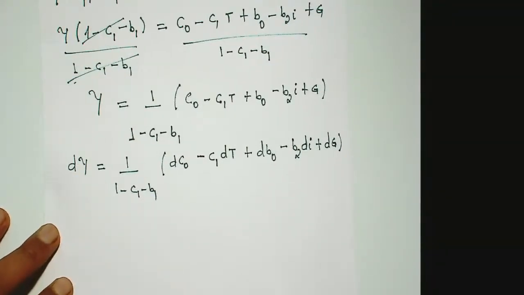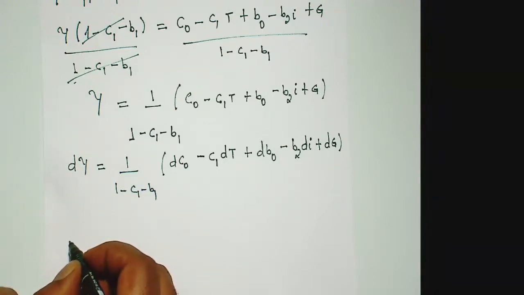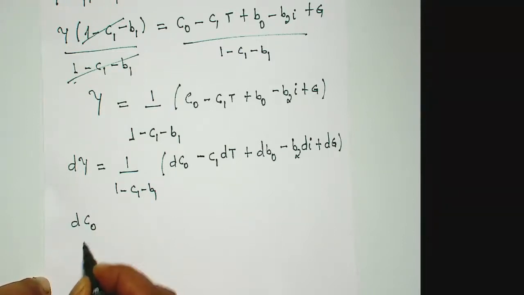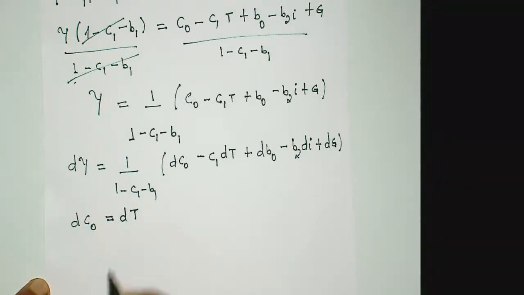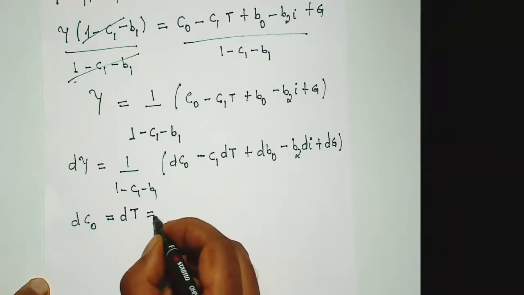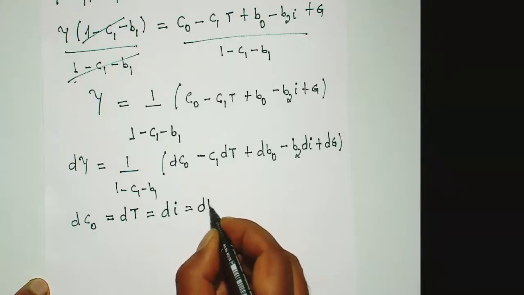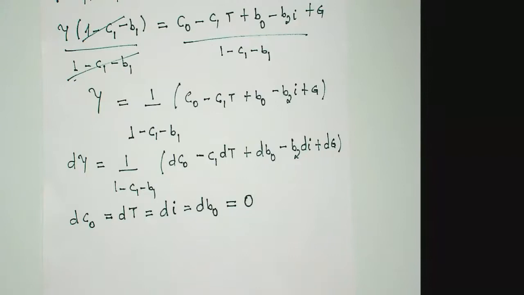So here the information that we are given is regarding the increase of government spending. So our other terms, dC0, dT, dI and dB0, are all going to be equal to 0 because none of them are said to change.